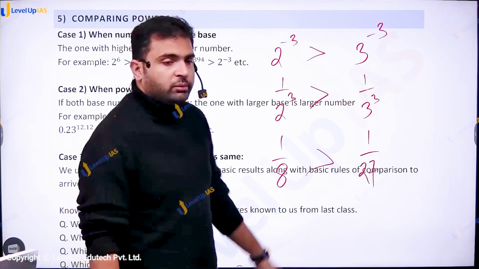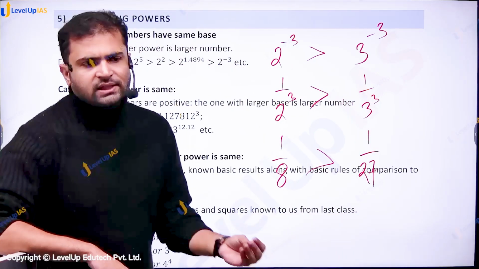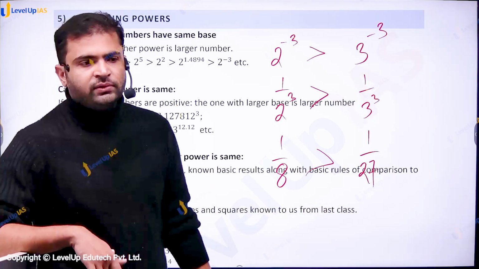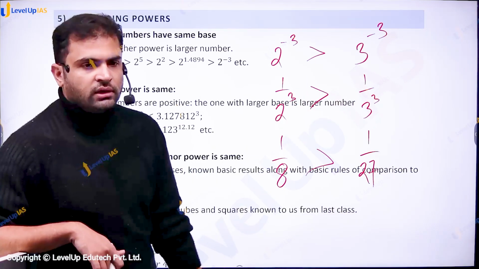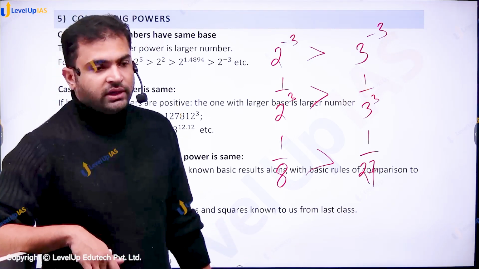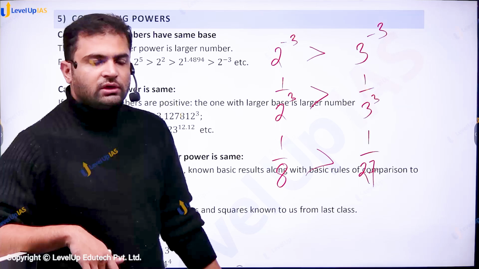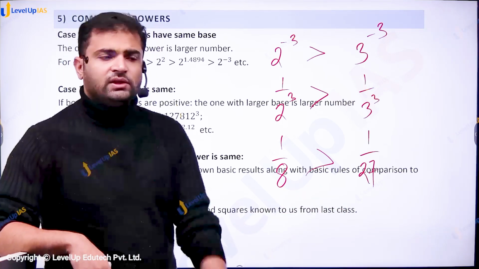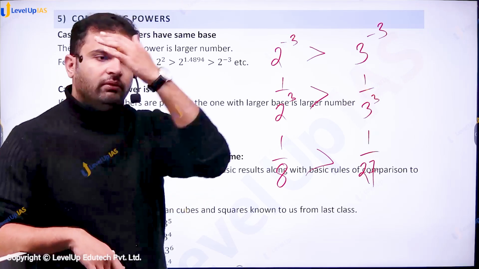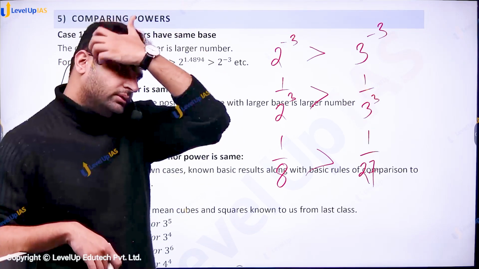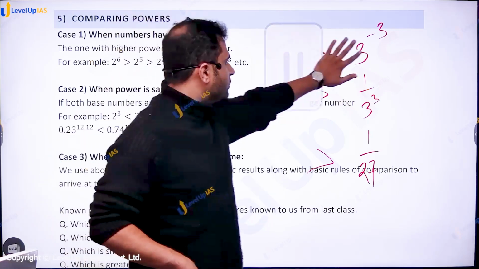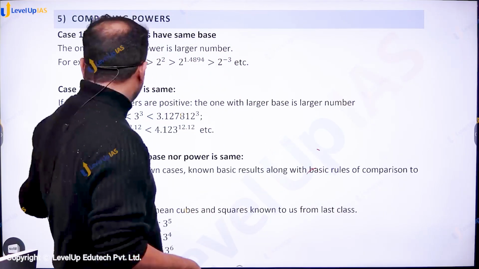And if the denominator is as small as possible, or the smallest among the comparison, then that fraction would be the largest, right? For example, 1 by 2 is larger than 1 by 3. 1 by 2 is also larger than 1 by 4, 1 by 5, 1 by 6 and anything. Similarly, 1 by 3 is larger than 1 by 4, 1 by 5, 1 by 7, etc. So this negative power case is not mentioned here.